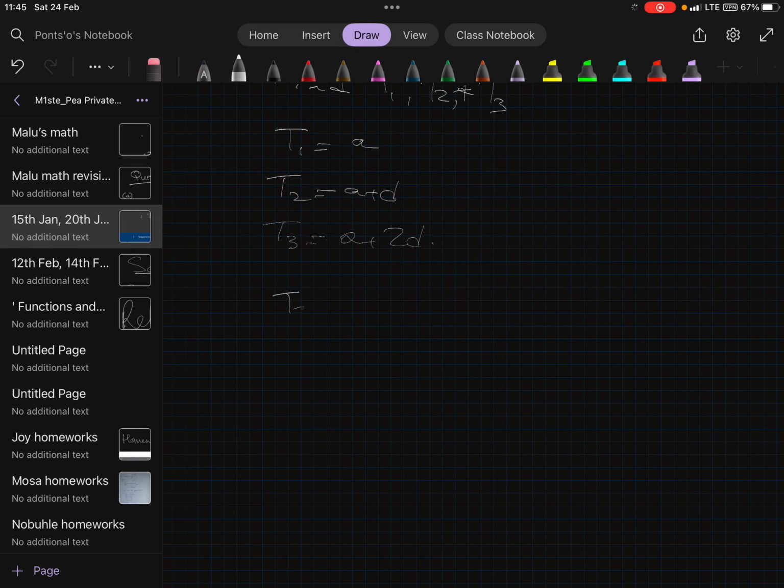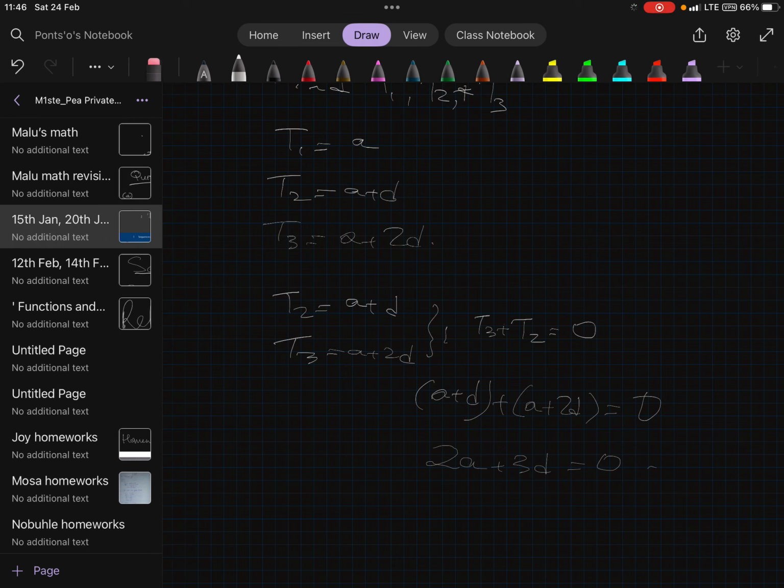So we substitute T2 as A plus D and T3 as A plus 2D, giving A plus D plus A plus 2D equals 0. When we open up our brackets, we have 2A plus 3D equals 0, and we can make that equation 1.